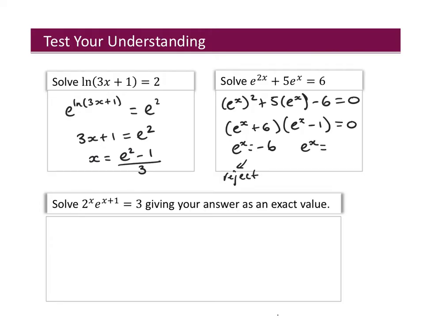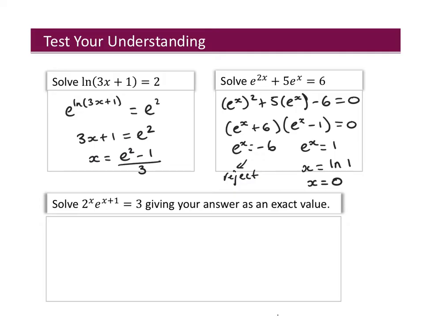And e to the x equals 1, so that means if I ln both sides, x equals ln of 1, okay? Now ln of 1 is in fact 0, isn't it? Yeah? So x equals 0, okay? Please don't get caught up by that.